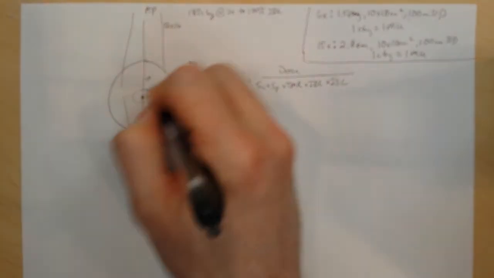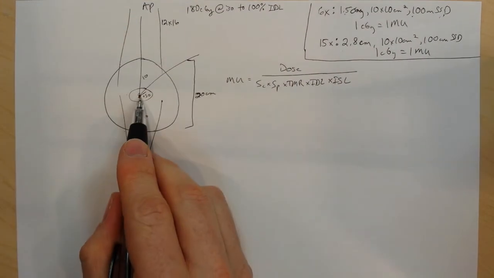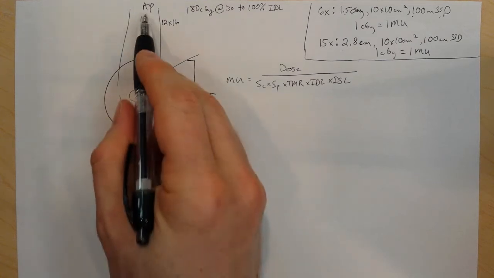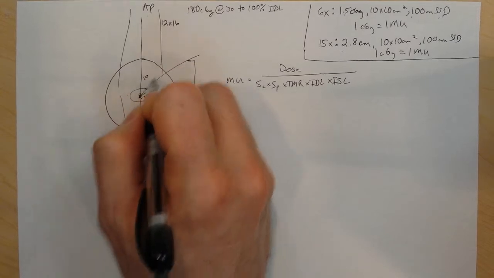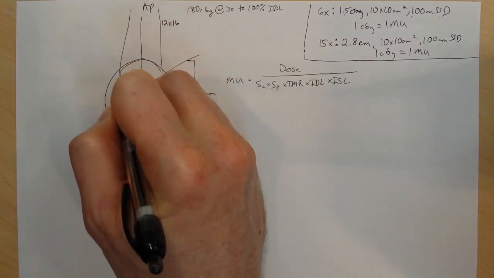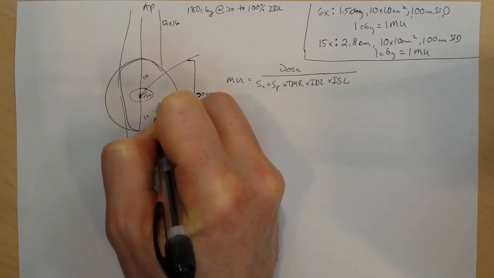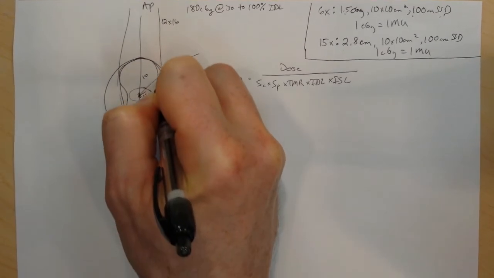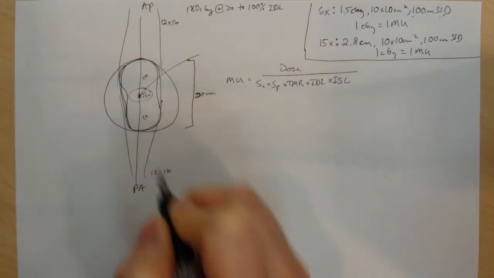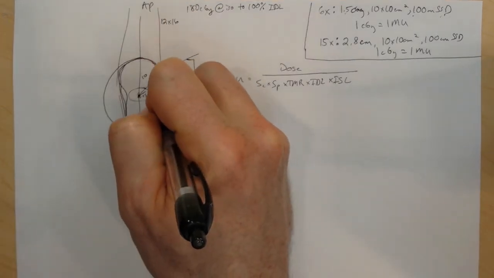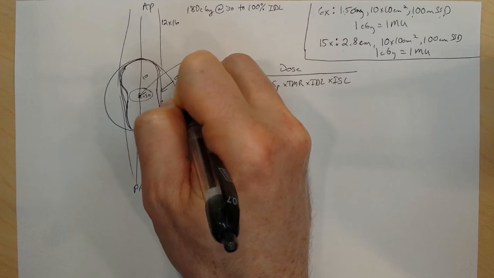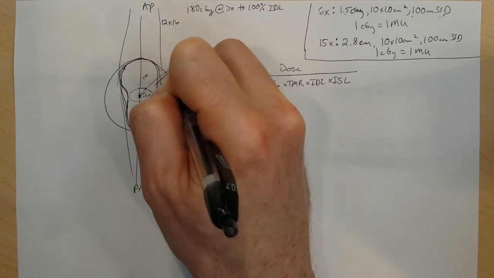Remember, the name of the game is we're prescribing 180 centigray to this exact point. Because we prescribe 180 centigray to this point and we deliver monitor units through these fields, my isodose lines are going to look something like this, where my 100% line bows in and my 95% line is straight.